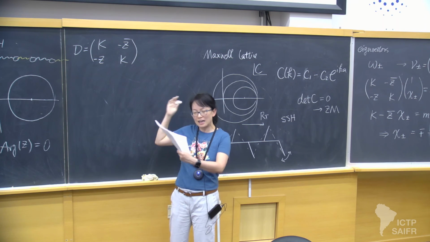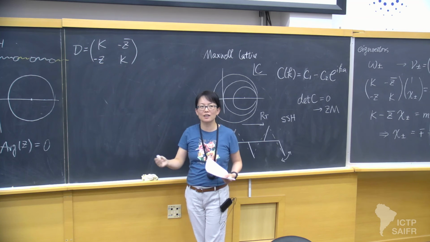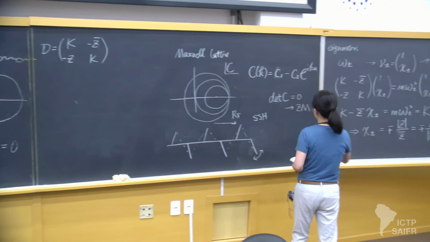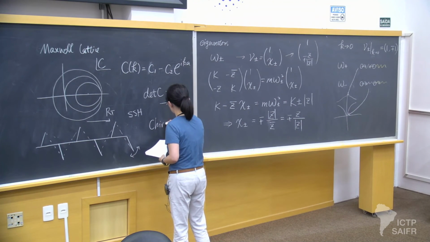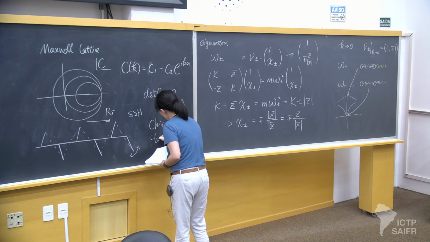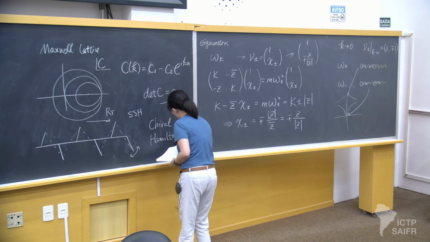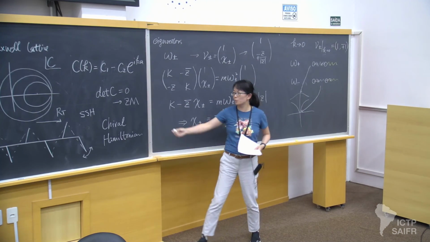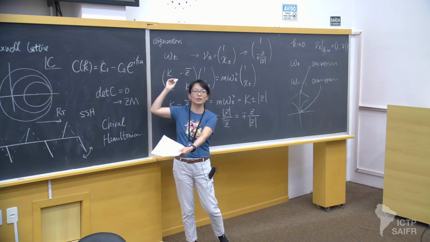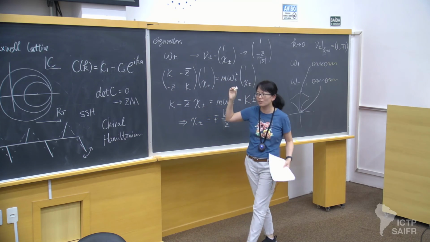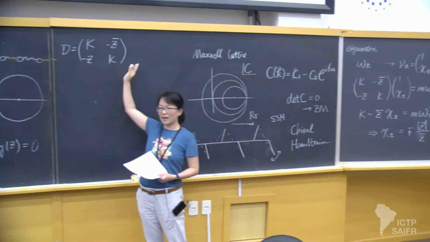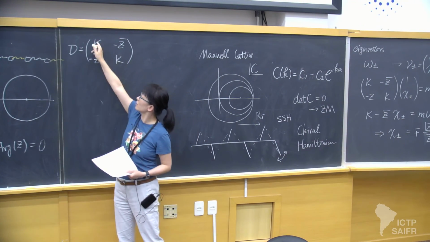But as I will show in the last lecture, there is a pretty simple way to connect them, which is through the so-called chiral Hamiltonian that Kane and Lubensky defined, which places the C on the off-diagonal part of the Hamiltonian, where the Hamiltonian looks very much like this, but you have 0 here.